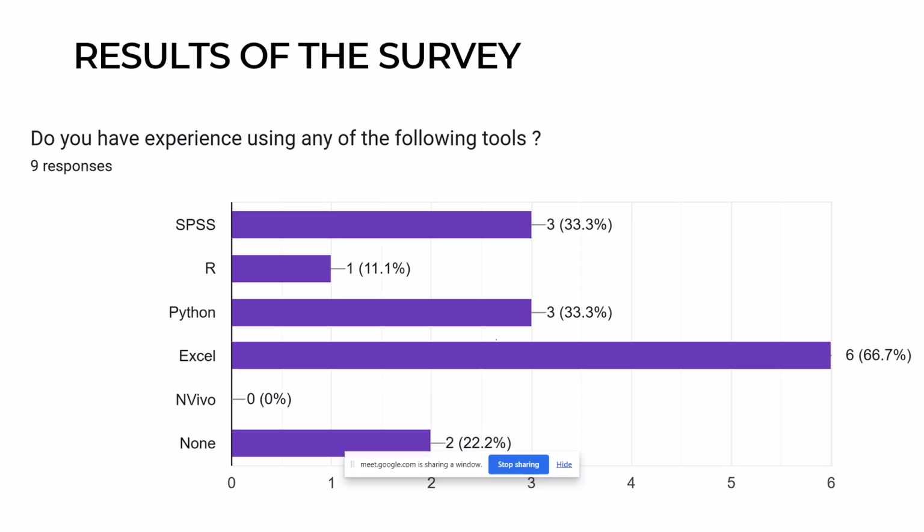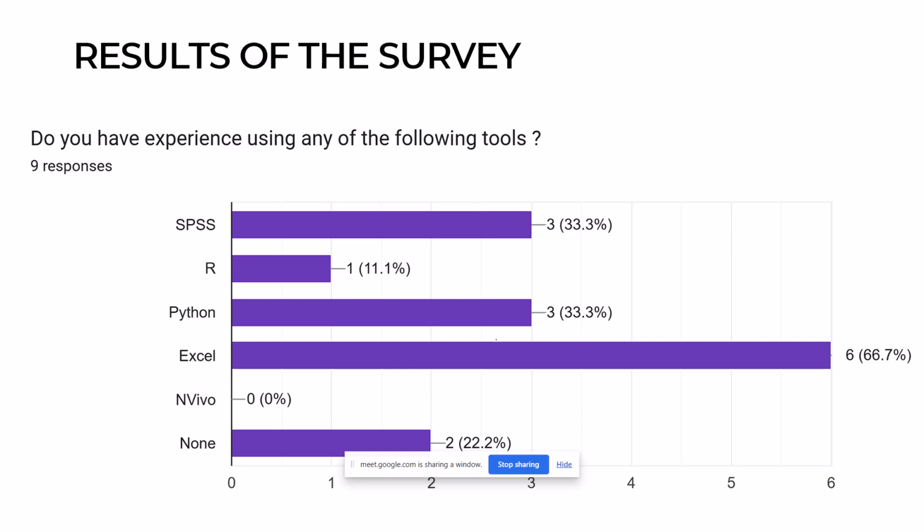Also, with the result of the survey, we find that almost everyone here knows how to use Excel, but not R or Python. Some of us know how to use SPSS.